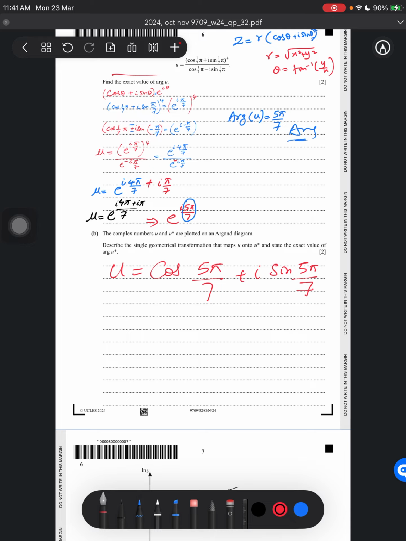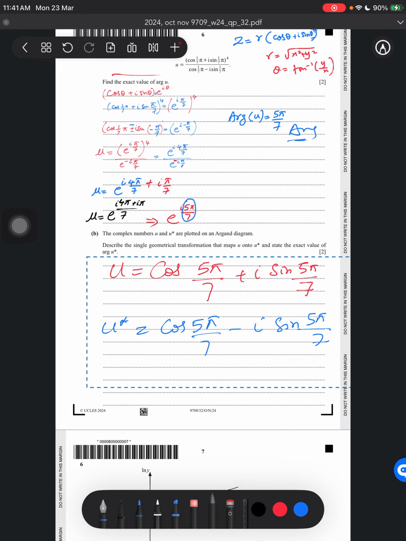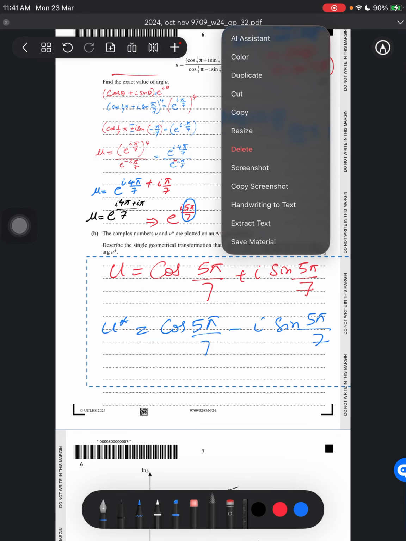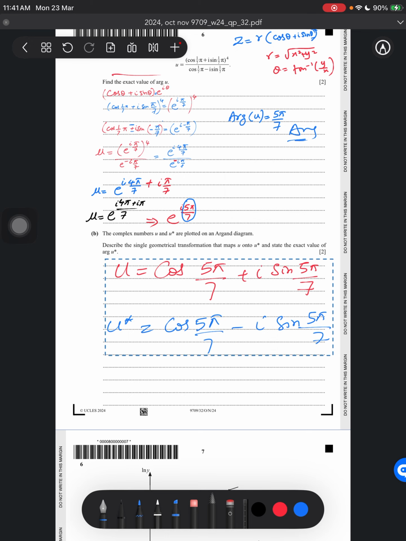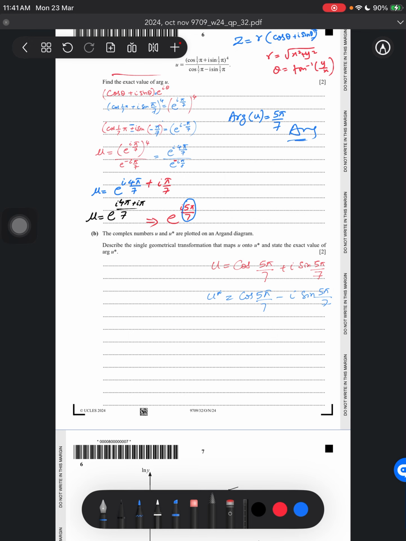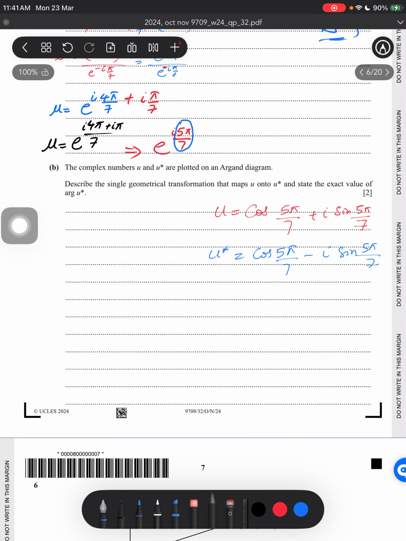And if you take the conjugate, u star, it would be just with the negative sign. Now the question arises of how you can figure out where it is mapped onto. For mapping, we can have a little illustration of the quadrants, to see where this 5 pi by 7 lies. That is just for our understanding.